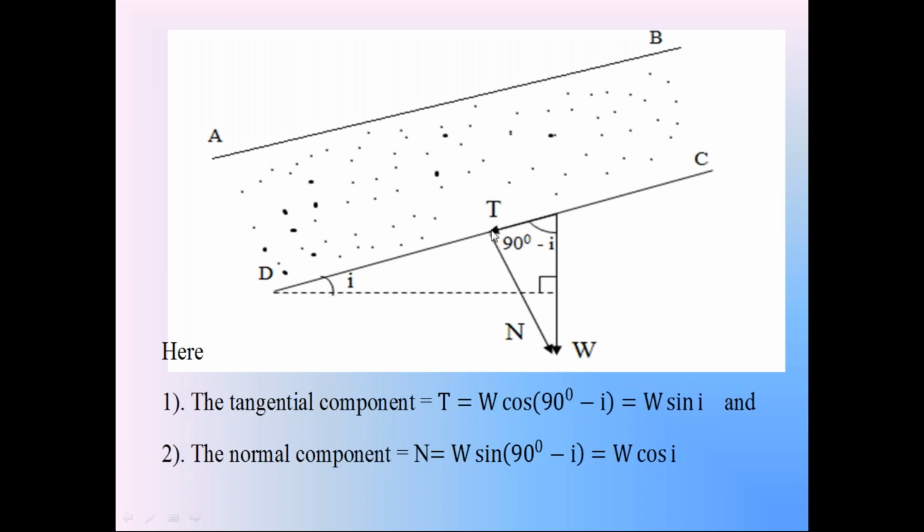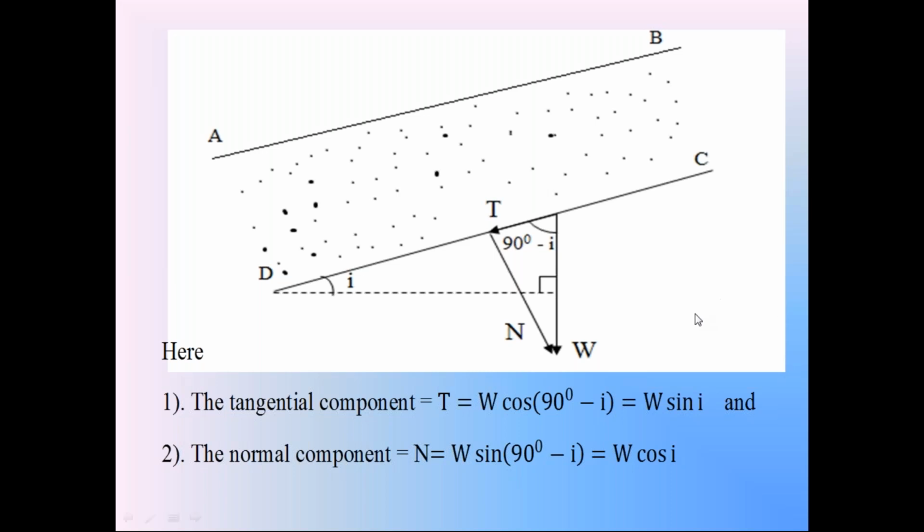One is tangential component T parallel to surface CD. The other one is normal component N perpendicular to surface CD. Please check this weight. W is the gravitational force, that is the weight of the soil prism. The weight is not the stress. The weight is the gravitational force.